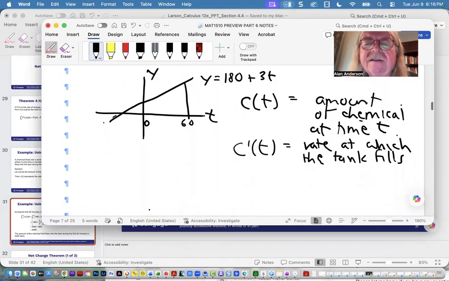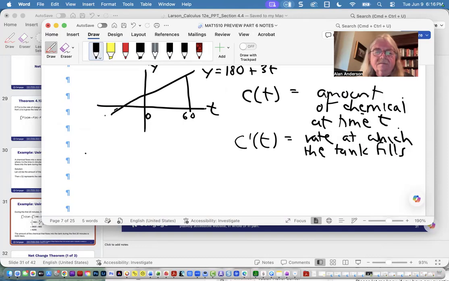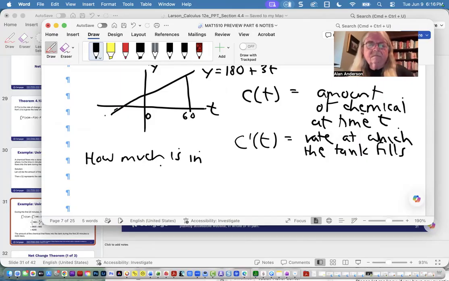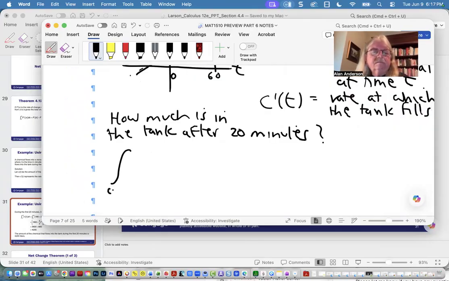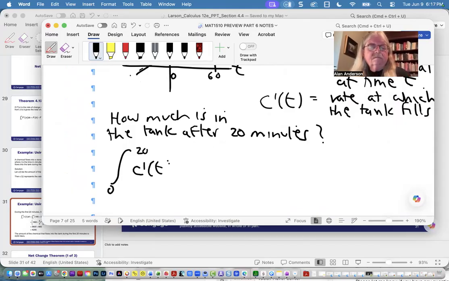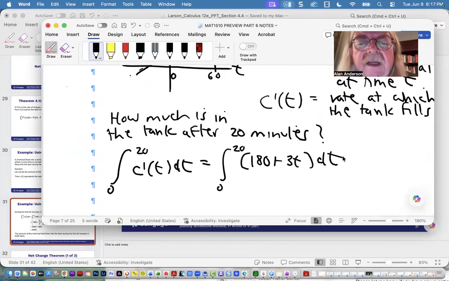So if that's the case, how much flows in after 20 minutes could be interpreted to mean the integral from 0 to 20 of 180 plus 3t dt.